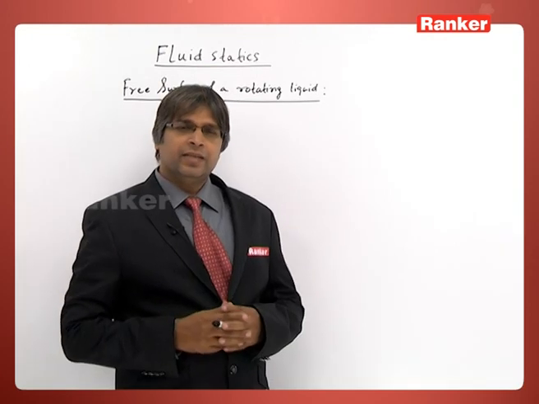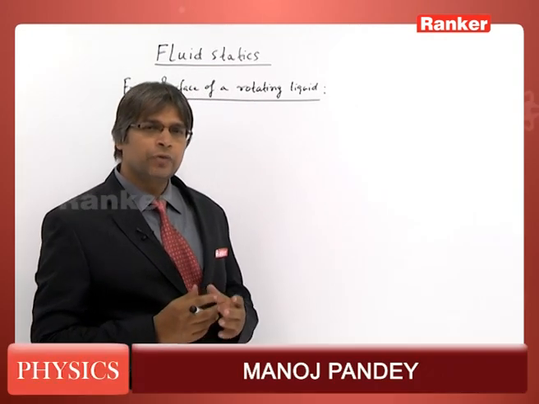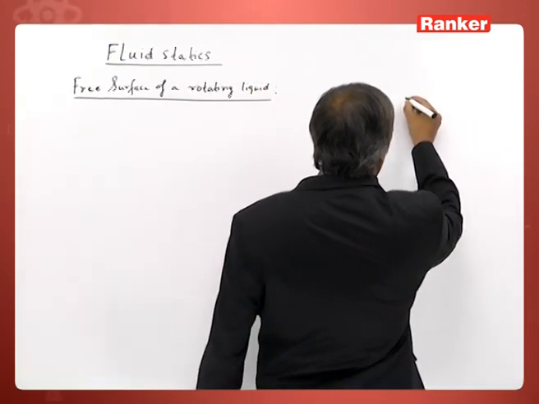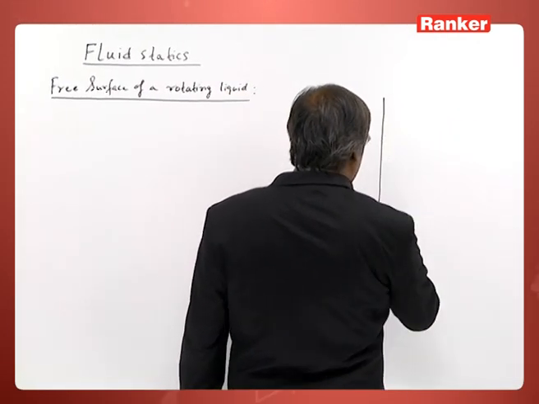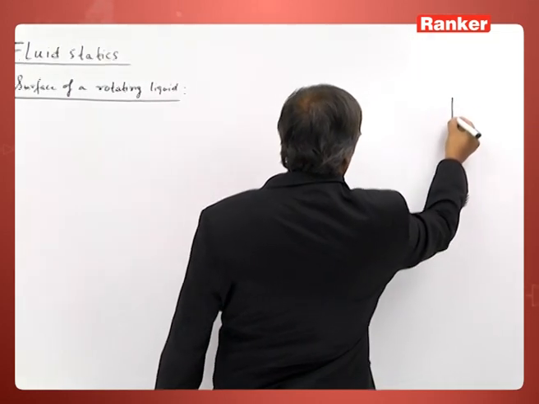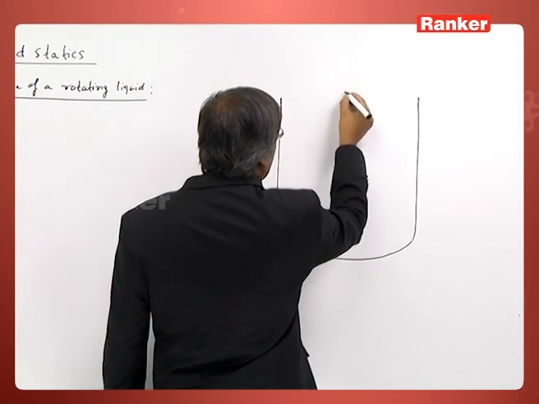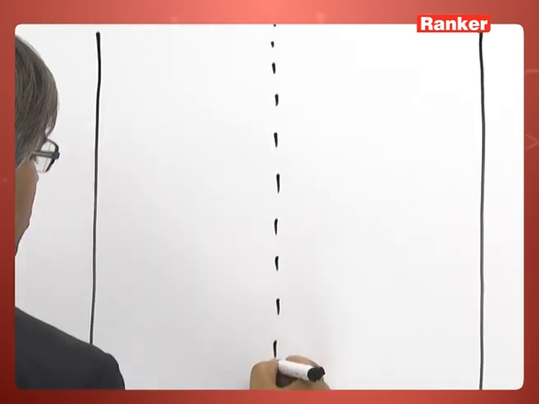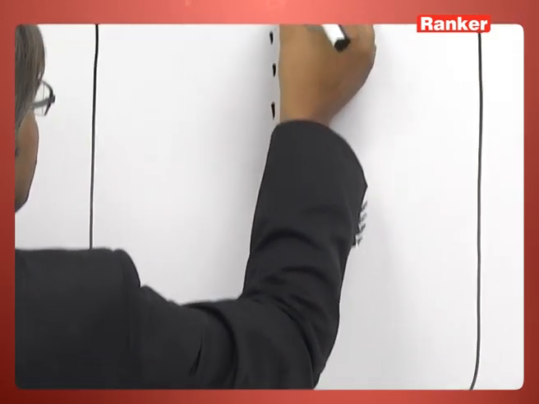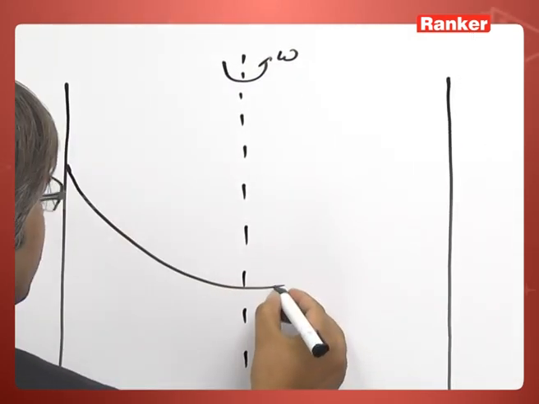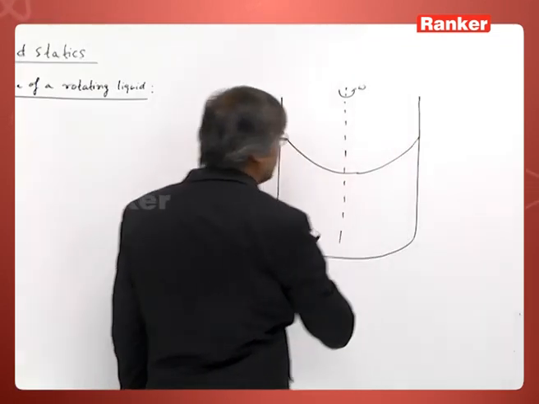Now, let us see the free surface of a rotating liquid. So, consider a vessel in which a liquid is confined and this vessel is rotated about its axis with omega like this. So, you see this is the free surface of the liquid.